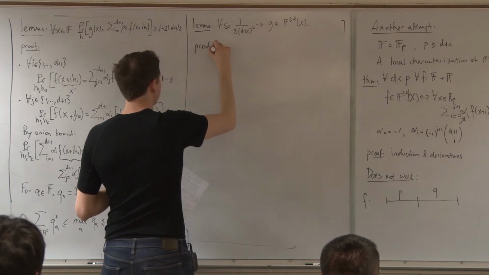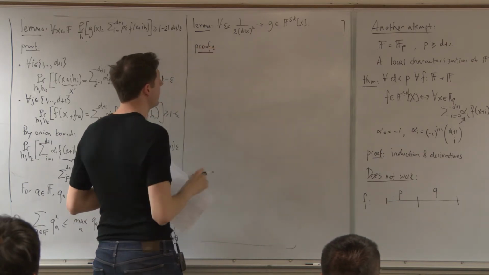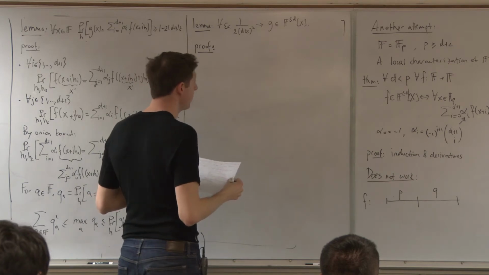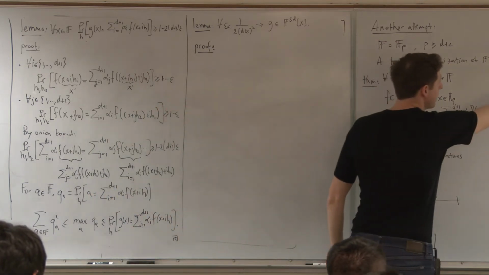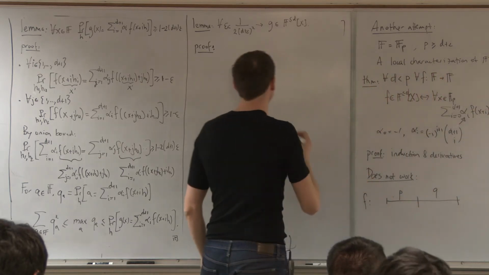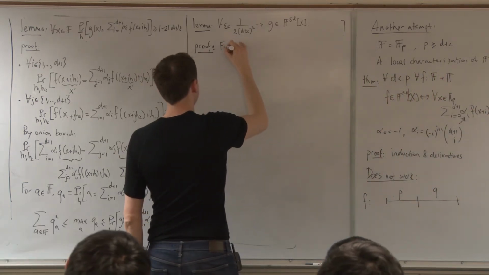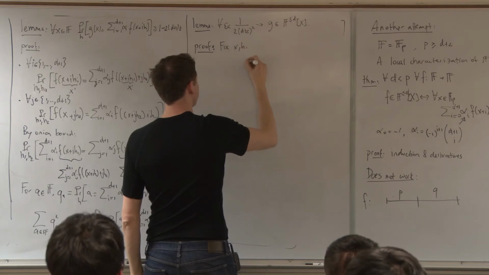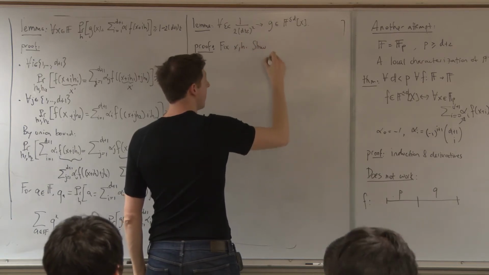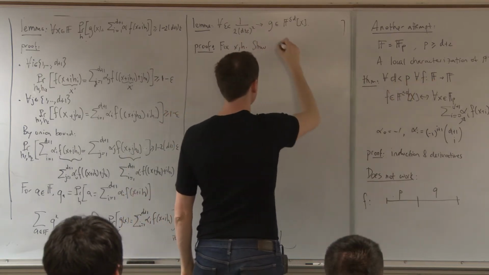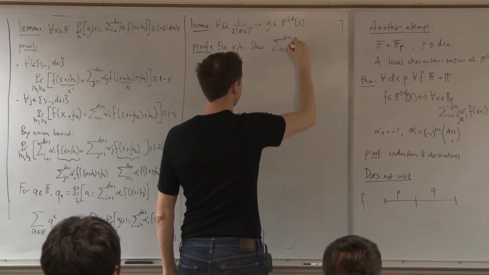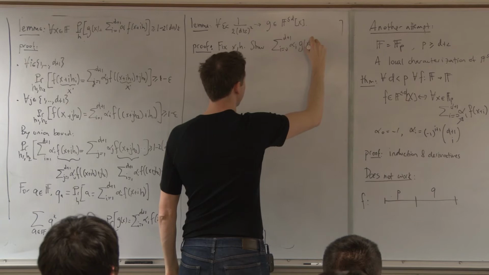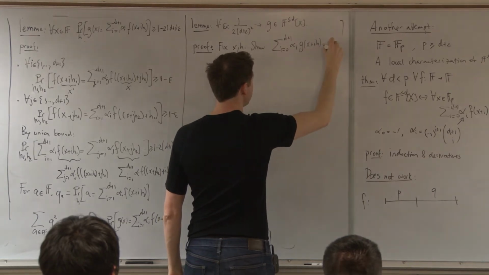How do we show that G is low degree? Well, we have a local characterization. I want to fix arbitrary x and h, and show that the sum from i equals 0 to d plus 1 of alpha i times g of x plus ih equals 0.